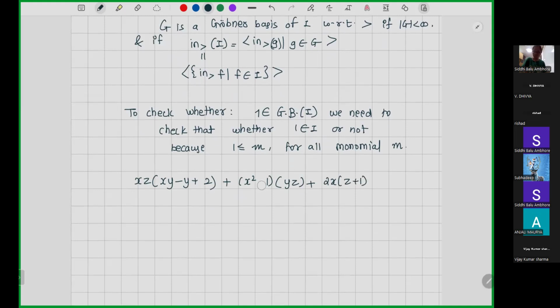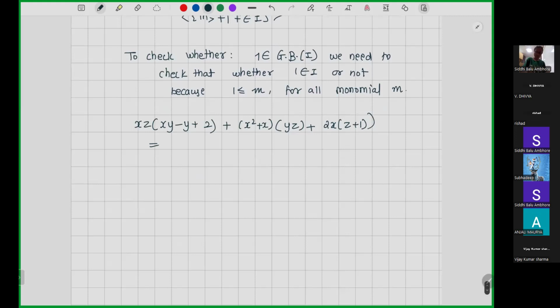Oh, here it will be x. So it will be x square yz plus xyz, this was minus, plus 2xz. Plus x square yz should be minus, I guess, here. x square yz minus xyz.